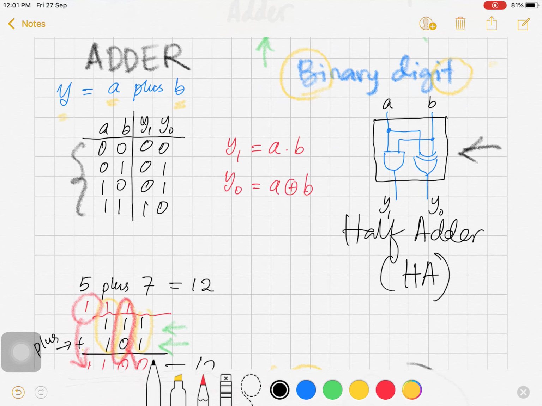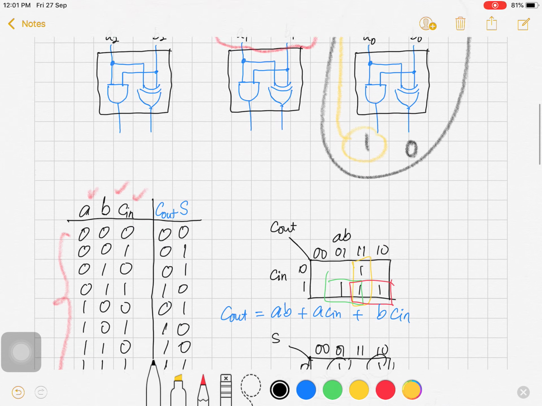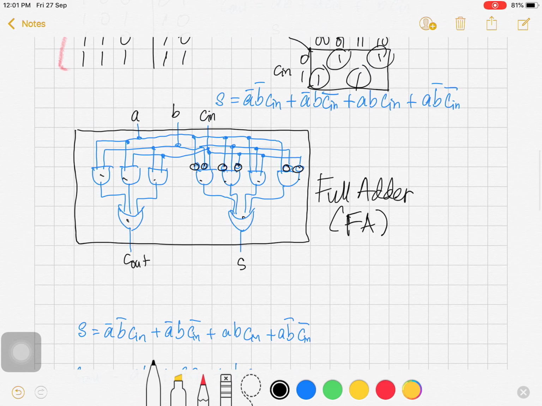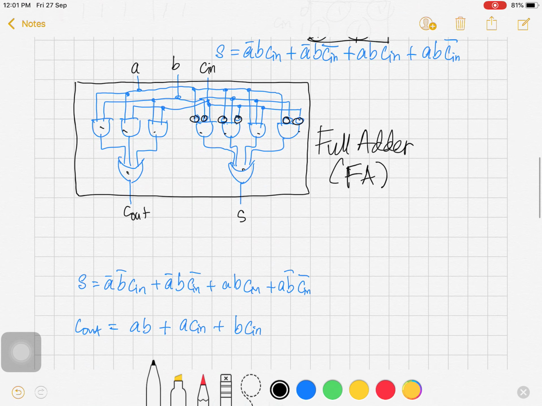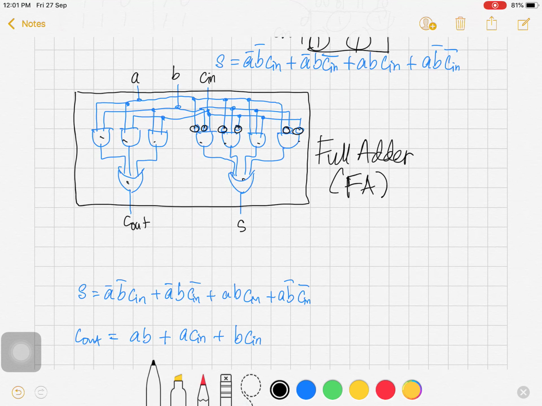The half adder can still be used when we only need to add 2 inputs without the presence of carry in. By the way, the full adder here is more prominent than the half adder due to its ability to receive a carry as the input. Okay, now let's inspect the Boolean expression for carry out and sum of the full adder again. Here are the expressions for sum and carry out.